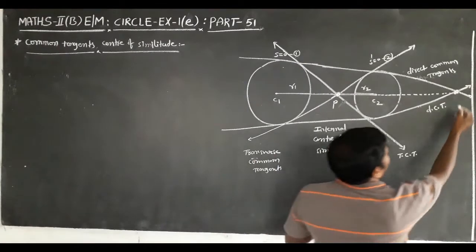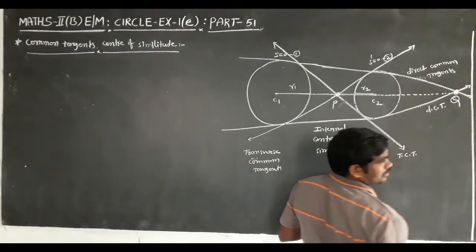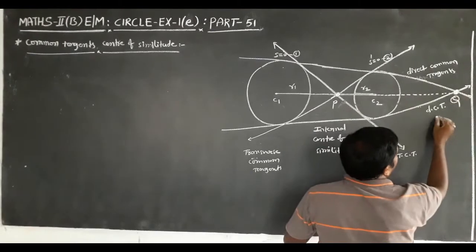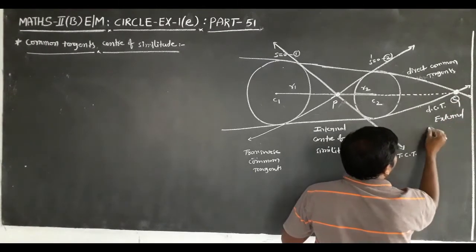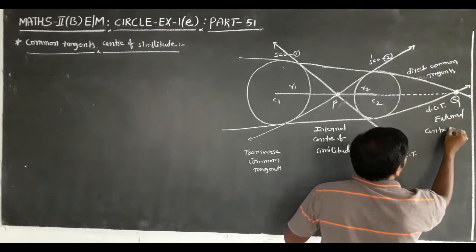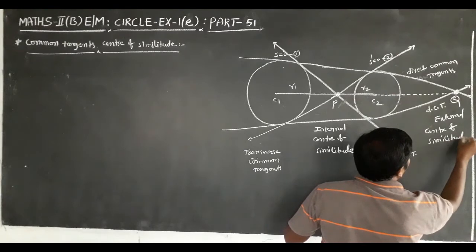The point of intersection of the direct common tangents is called the external center of similitude.